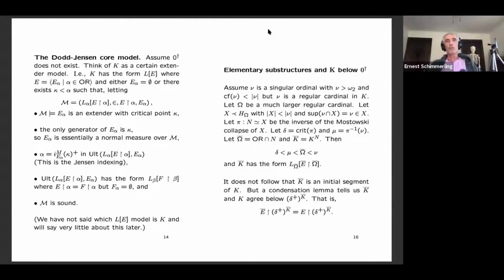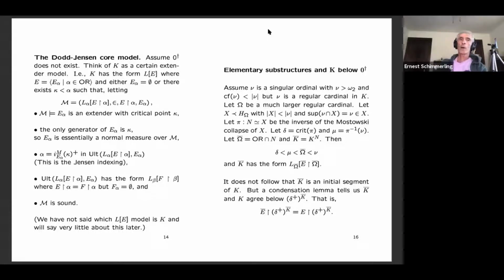Okay, so now I'll describe the Dodd-Jensen core model a little bit, leaving out a lot. So assume zero dagger does not exist. And well, Dodd and Jensen proved K exists. But I want to think of K in the modern way, which is as an extender model.